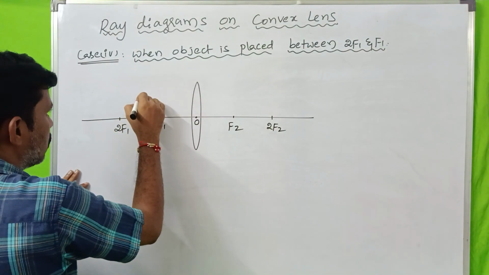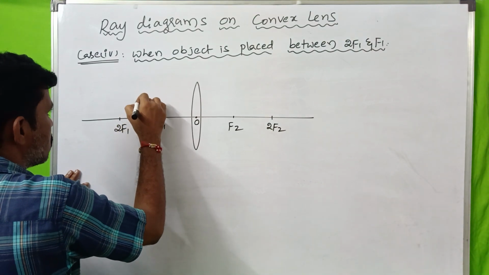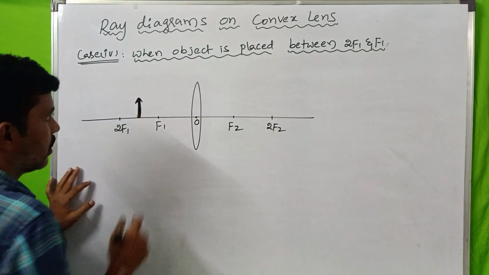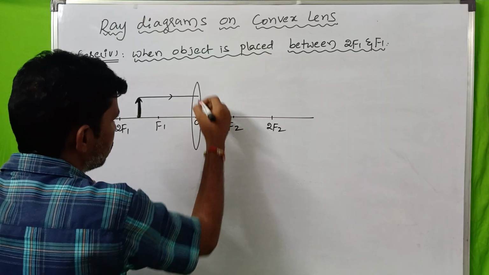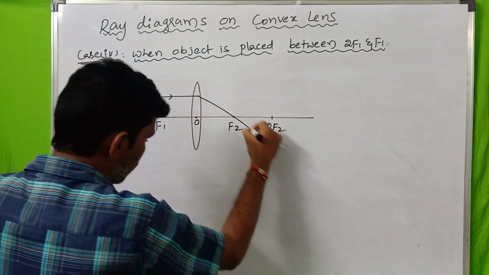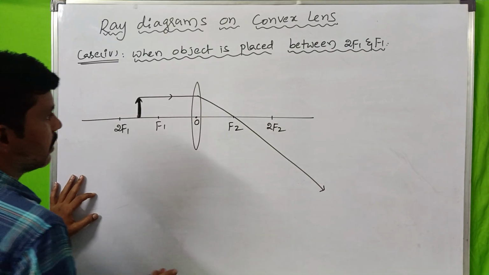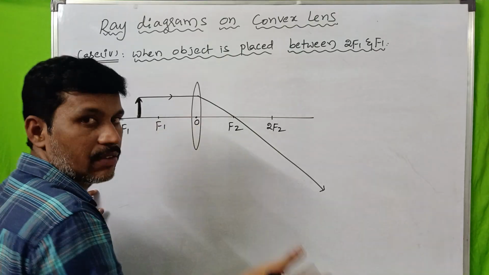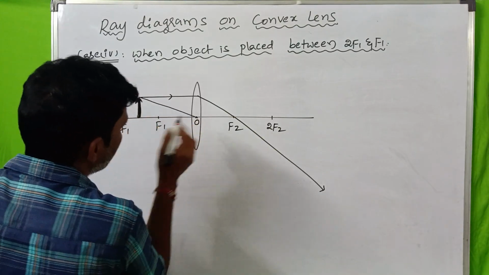This is the object. First ray should be parallel, we know that. After refraction it passes through the focus point, as usual. Second ray, let us take the ray passing through the optic center; it is undeviated, we know that. So the second ray should be this one.